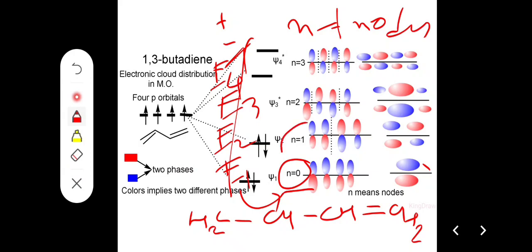E2 has 2 minus 1, equal to 1 node. Then 2 nodes, then 3 nodes. We can use psi 1, psi 2, psi 3 star and psi 4 star.